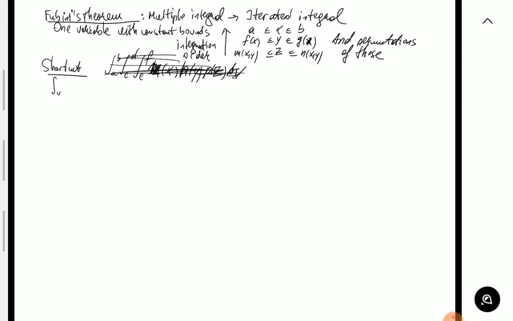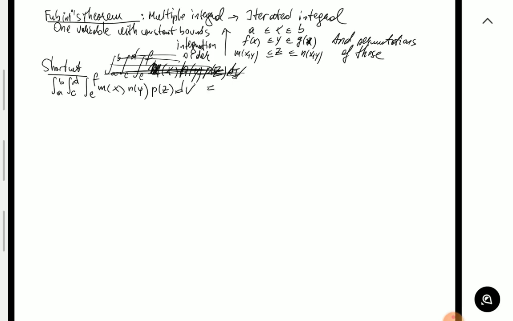So the shortcut: when the function to integrate splits into the product of functions in x, y, and z, analogously for the double integral, you get the gist.